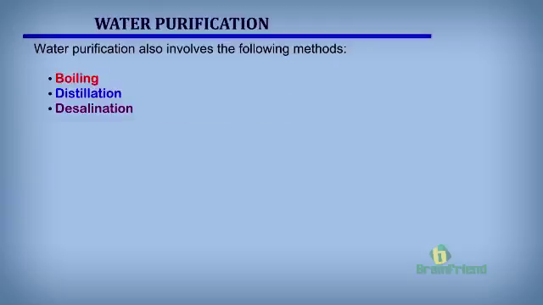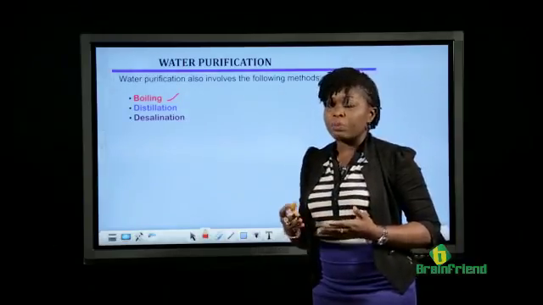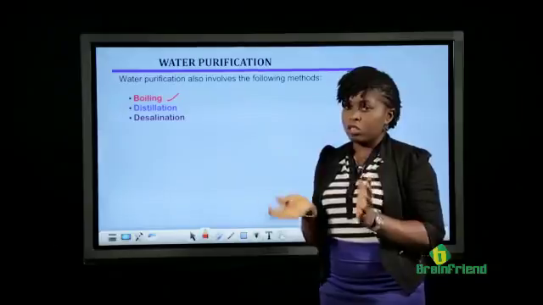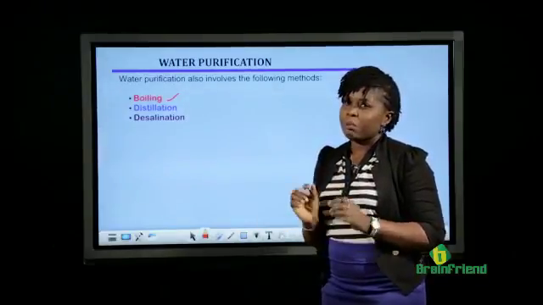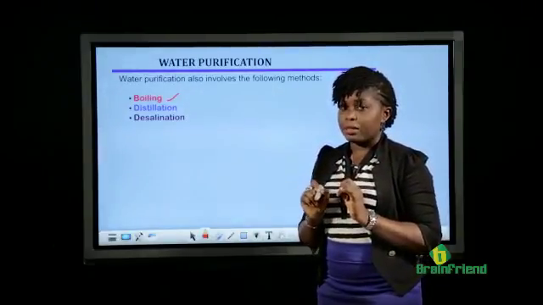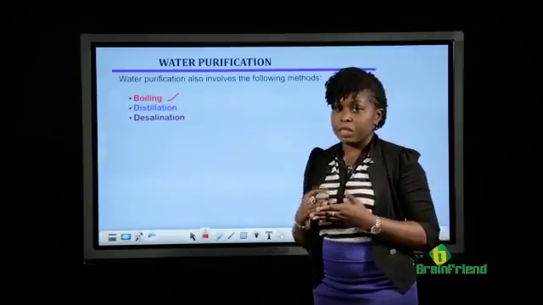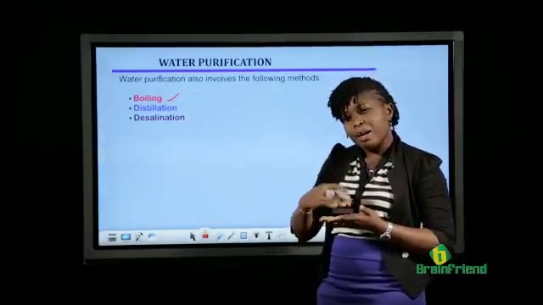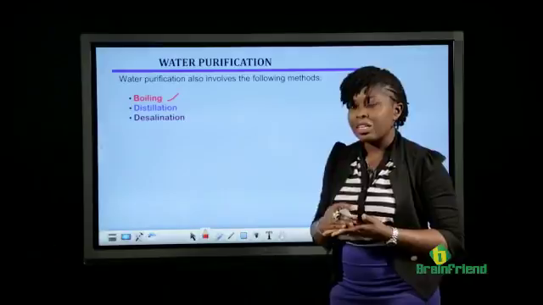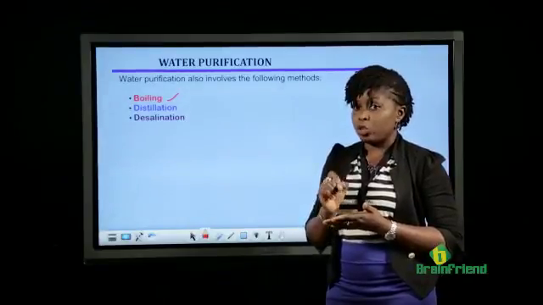Other methods available for water purification are boiling. You know what boiling is? It just means boiling the water. Now, boiling is good because it removes most of the germs in water. But one disadvantage of boiling is that some impurities that have a higher boiling point than water may not be easily removed through boiling.